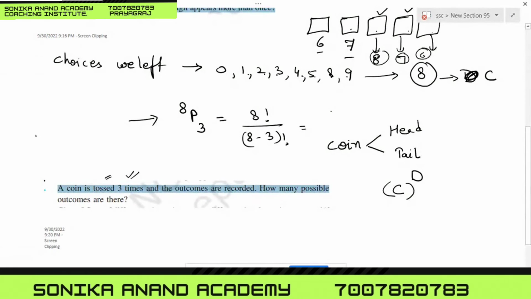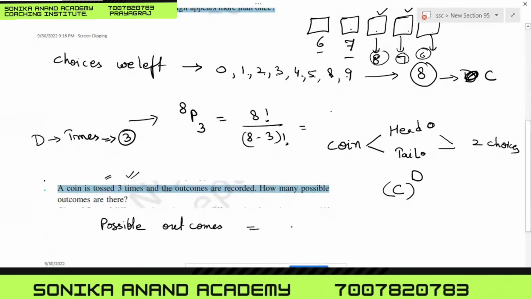So I can take the digits as times. This is three times it was thrown. And how many choices do we have? Head and tail, that is two choices. So the possible outcomes are 2 to the power 3.